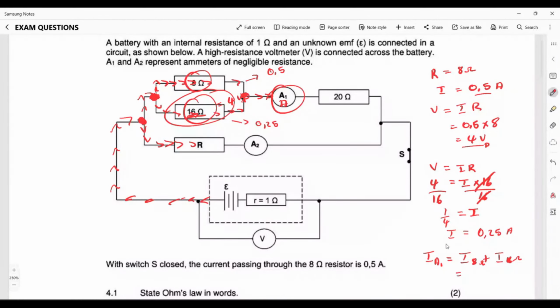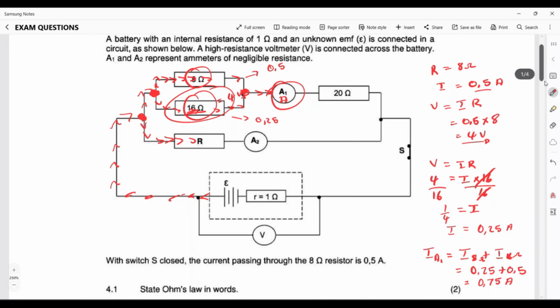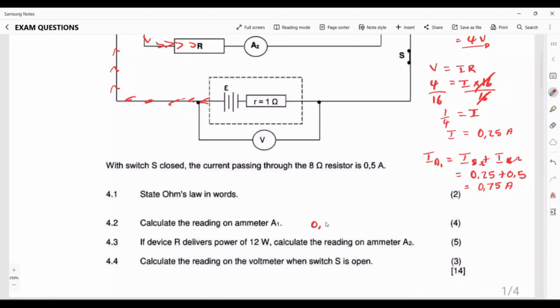So I'm going to add 0.5 plus 0.25. What answer am I getting? 0.75 A. So that is your current passing through A1, which is 0.75 A.